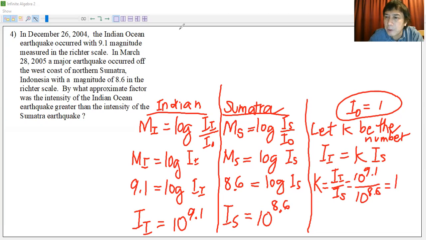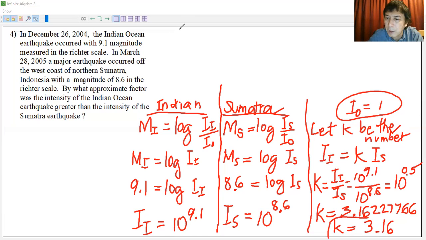And this is equivalent to 10 raised to 9.1 minus 8.6. That should be 0.5. And so k is the same as the square root of 10, which is 3.16227766. Or rounded to the nearest hundredth, that is simply k is equal to 3.16.